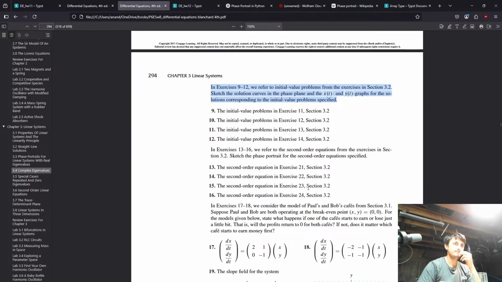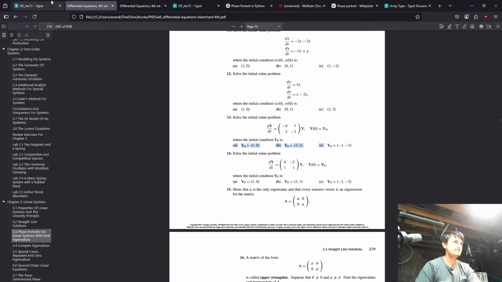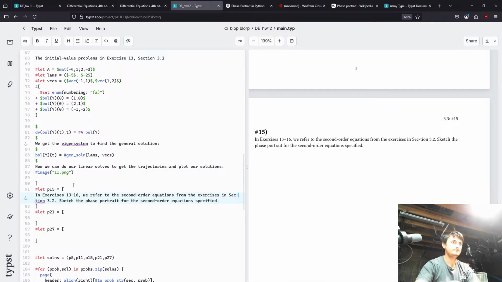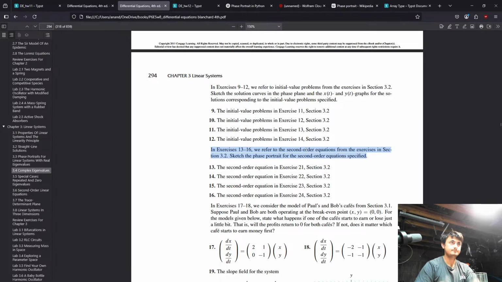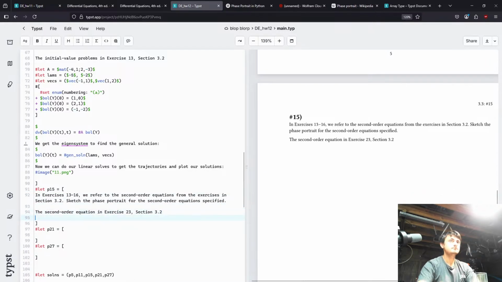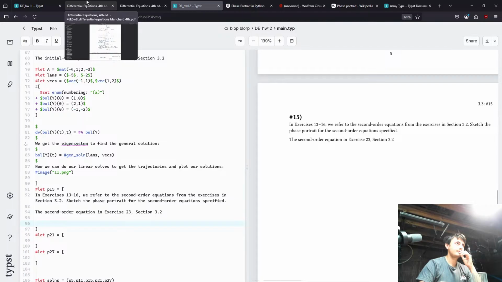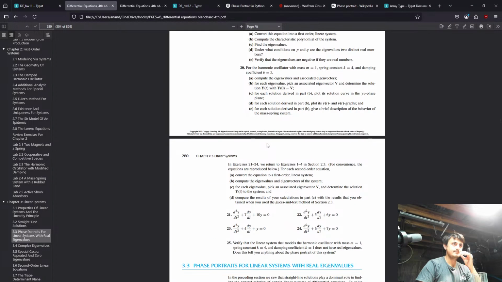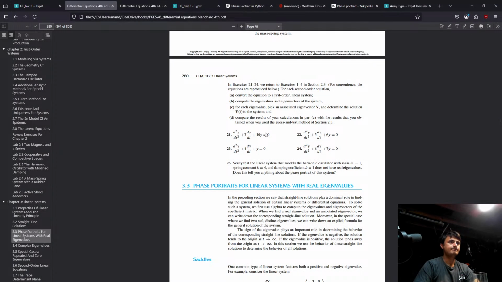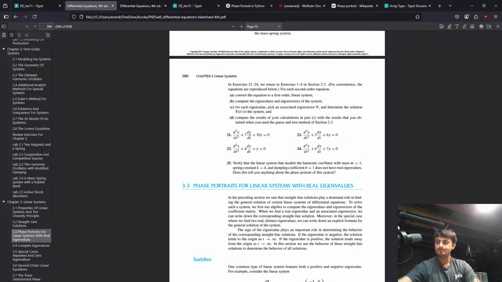Problem 15. 23, 3.2. This is the y double prime plus 4y prime plus y equals 0. Alright, that's the easy one.